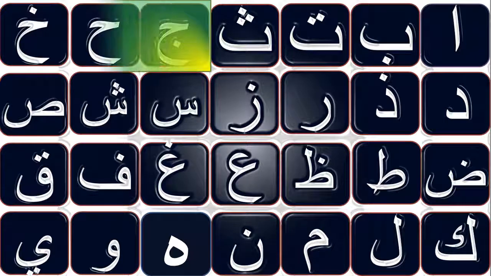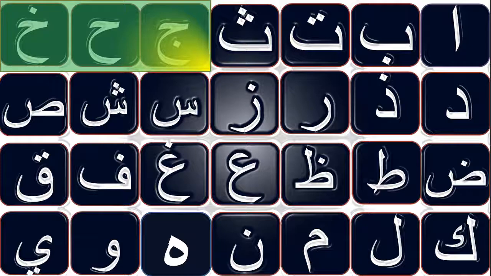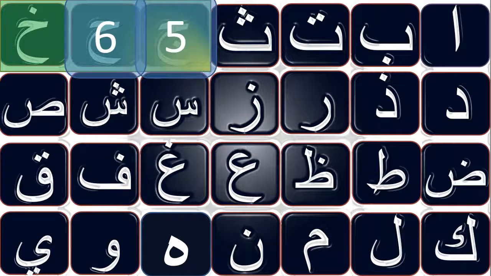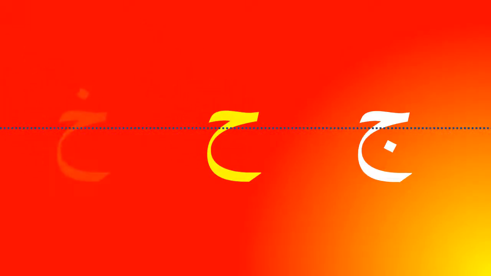Now, it's time to have a look at our new 3 heroes of this lesson: the Jeem, Ha, and Khaa. They are the 5th, 6th, and 7th letters of the alphabet. Here comes the Jeem, then the Ha, and finally the Khaa. You notice that the Jeem is written in white, but the Ha and the Khaa are written in yellow.